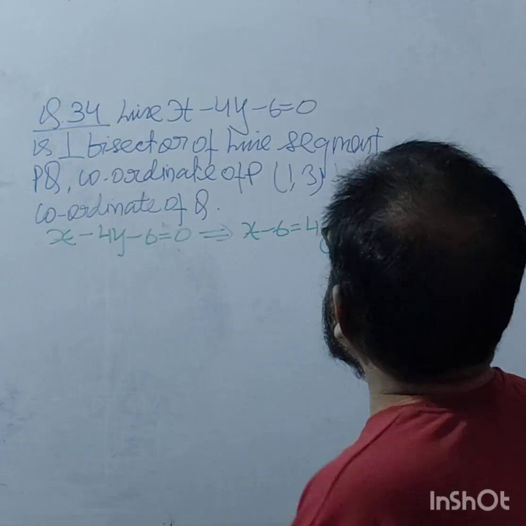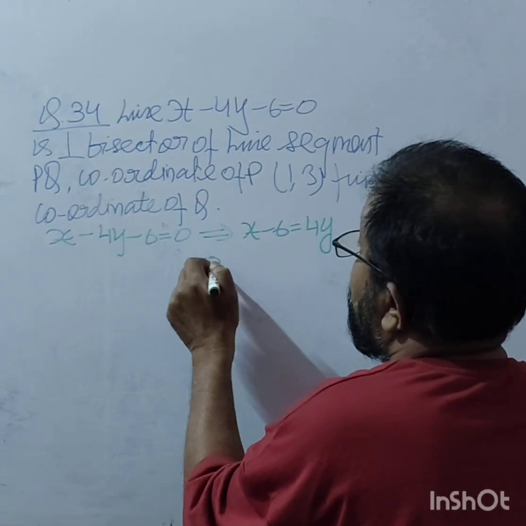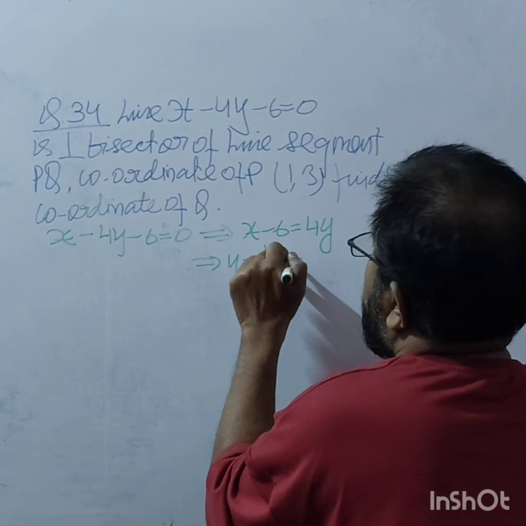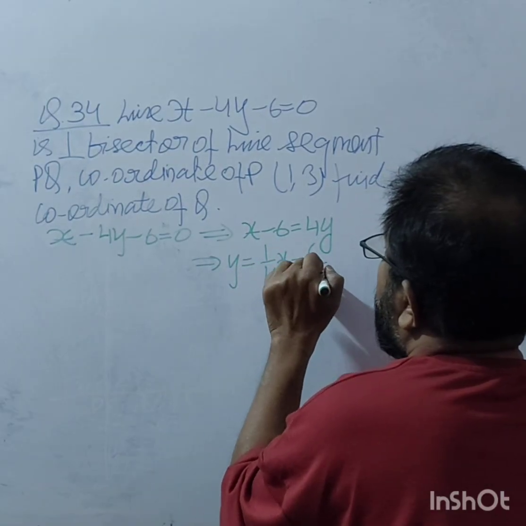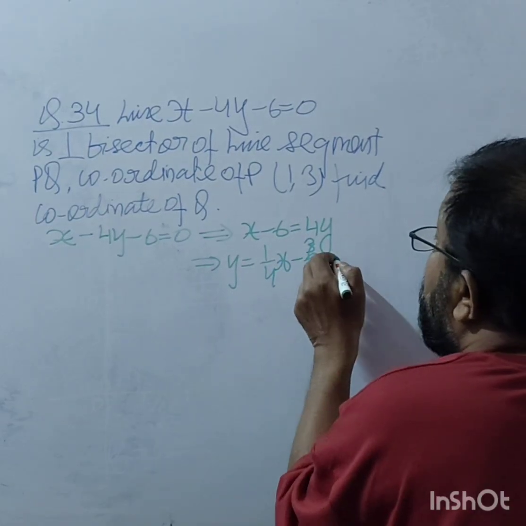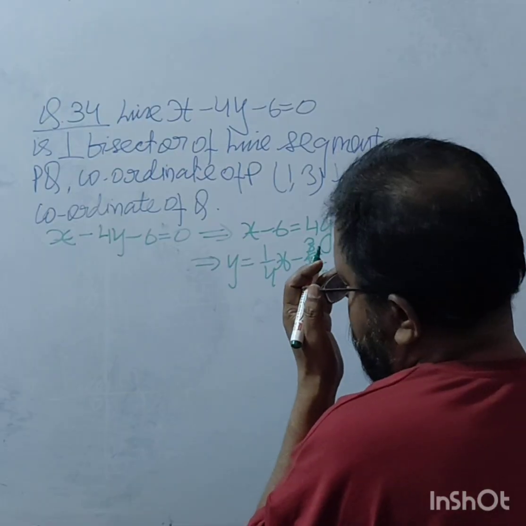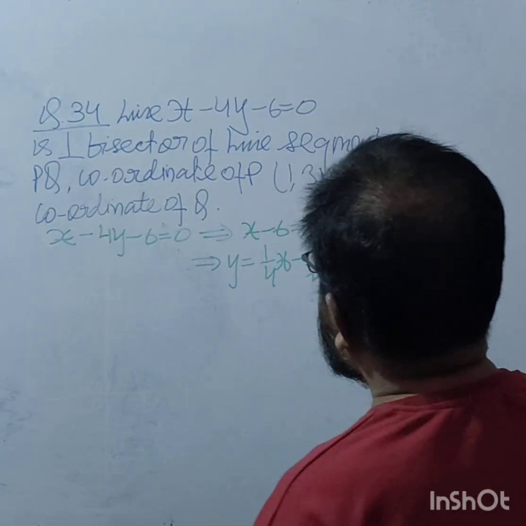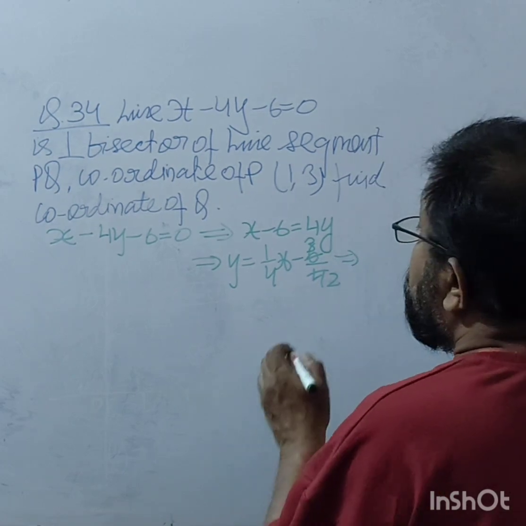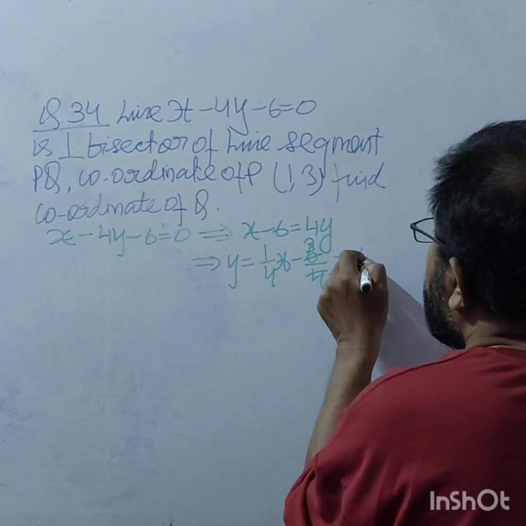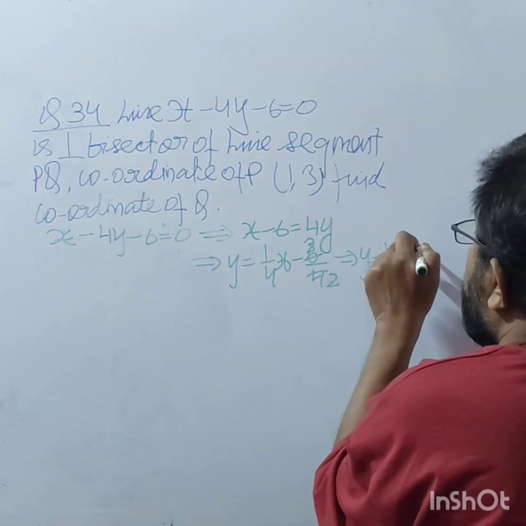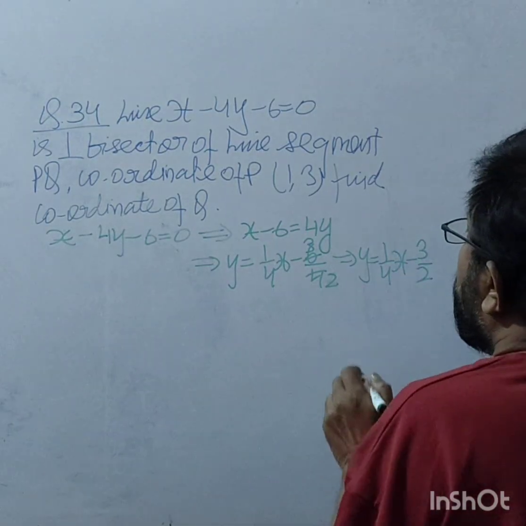Now 4 comes in the denominator, so we can write y is equal to 1 upon 4 x minus 6 by 4. So it becomes 3 by 2, right? So y is equal to 1 upon 4 x minus 3 by 2.